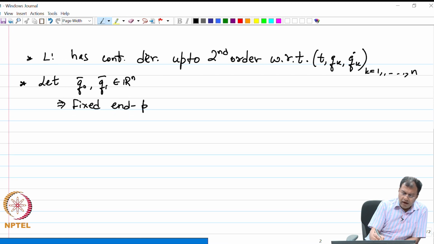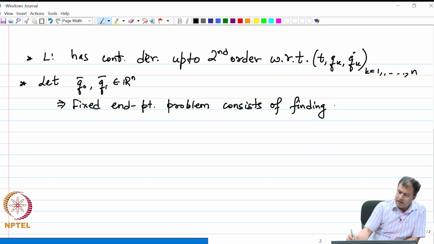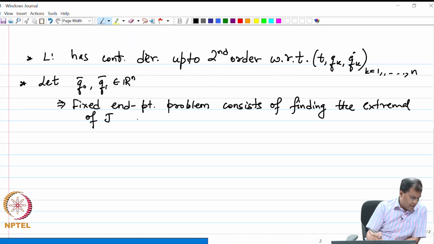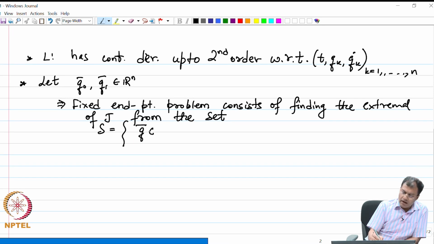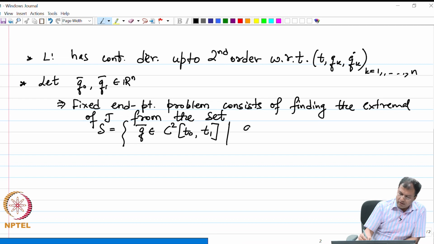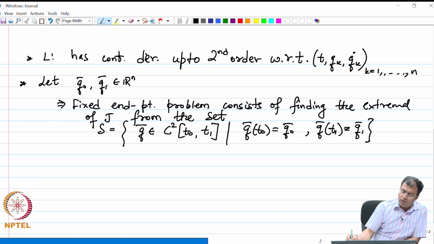The fixed endpoint problem consists of finding the extremal of J from the set described by S, where S is the set of all q bar which are C2 differentiable up to second order, and has the following boundary condition: q bar of T naught is q bar naught and q bar of T1 is q bar 1, right.